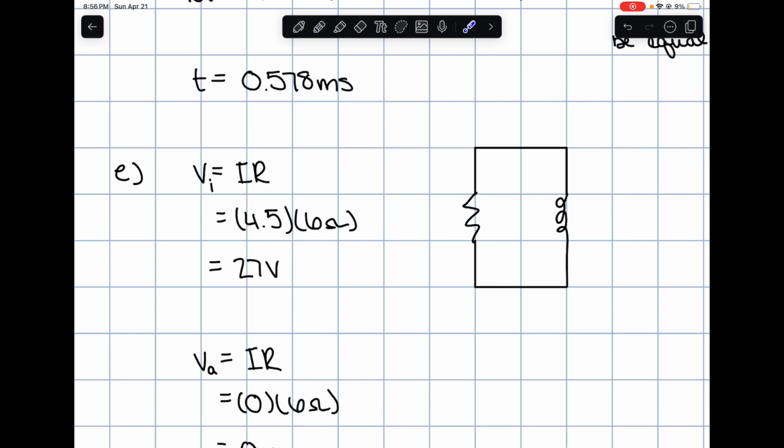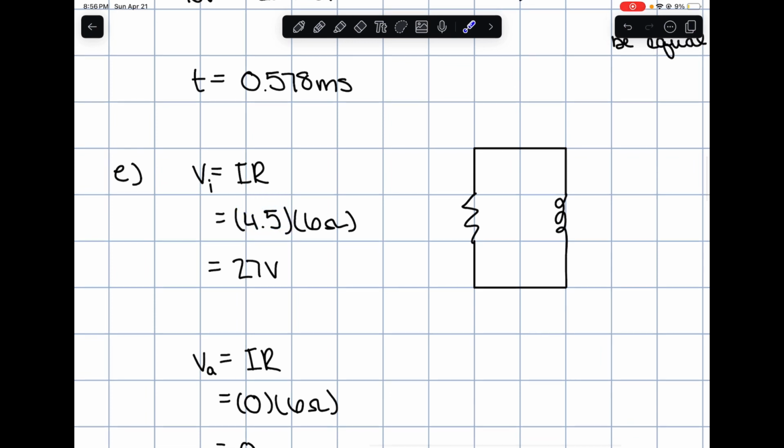So, we can do V instant, or V_i, as I'm calling it, and plug in the current 4.5 amps and 6 ohms, and then multiply them together to get 27 volts at the instant.